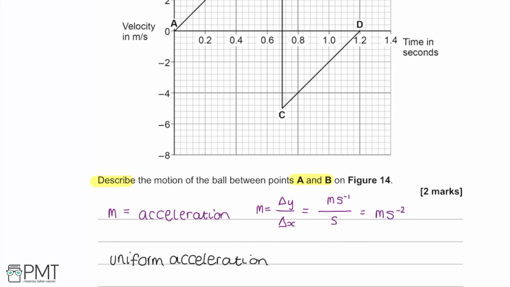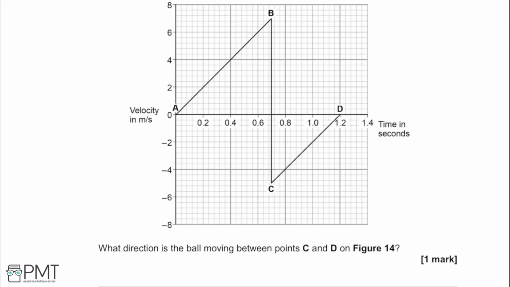And here we're being asked what direction the ball is moving between points C and D on figure 14. To do this, I'm going to have to work out in which direction velocity is positive and which direction it's negative.